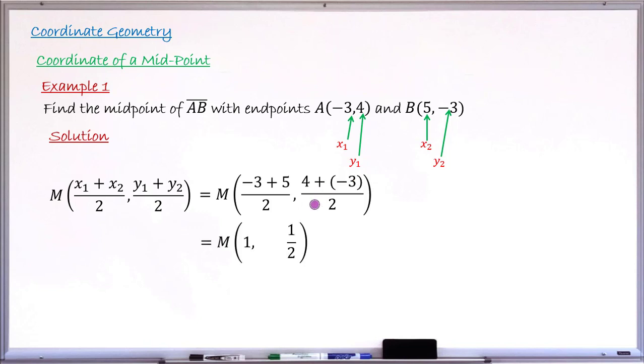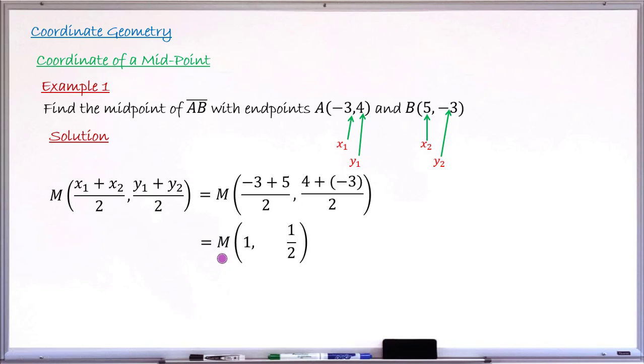So the M coordinate will now be nothing but 1 comma 1 over 2. The x coordinate is the result of -3 plus 5 divided by 2, while the y coordinate is 1 over 2, which is the result of 4 plus minus 3 divided by 2. So this is the coordinate of the midpoint of this line segment.